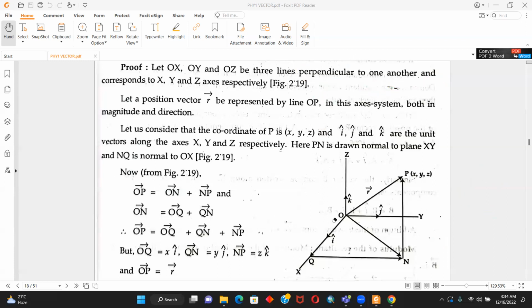Anyway, now tell me what should be the angle between OX and OZ? What is the angle between them?